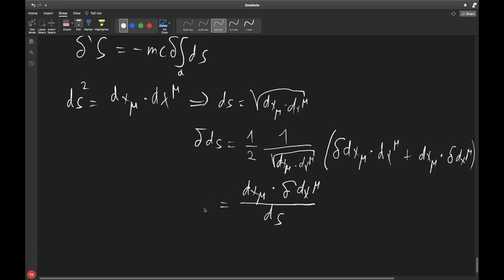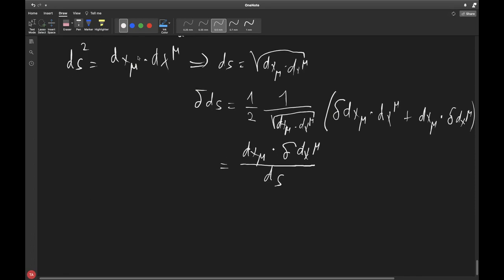So we can put this back and say that the delta S is the same as minus mc integral from a to b of this ratio of dx mu times the delta x mu up here divided by the ds.